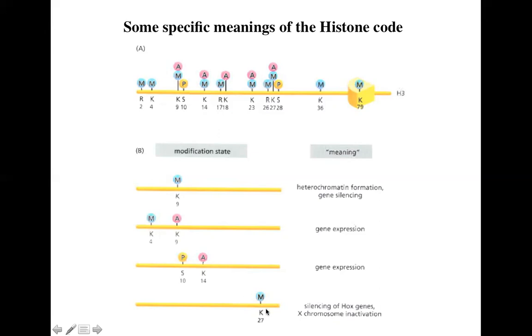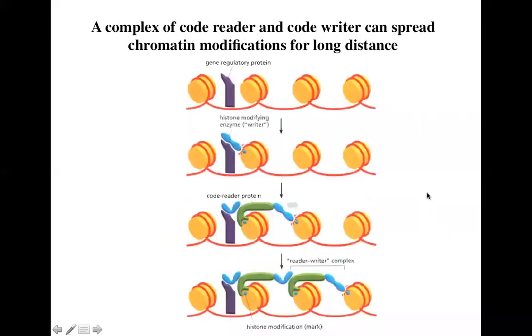So this is the same histone protein. It is the same region on H3. If K4 is methylated, the genes are expressed, and if K27 is methylated, then the genes are silenced. So it is the same example that we are talking about.